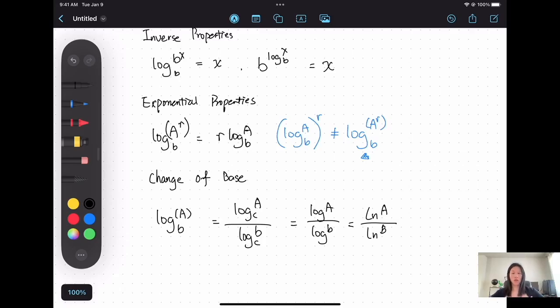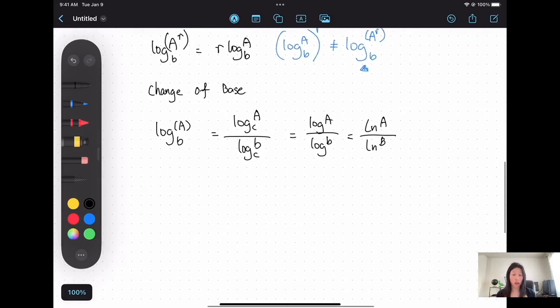So today we're going to learn another property of logs that will help us to solve exponential and logarithm equations. Okay, so the next one is the sum of logs property, which is log base b of a plus log base b of c equals log base b of a times c.